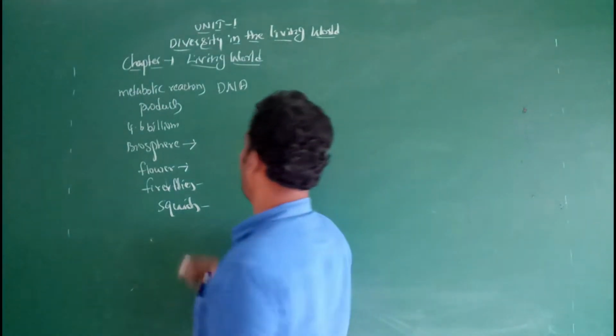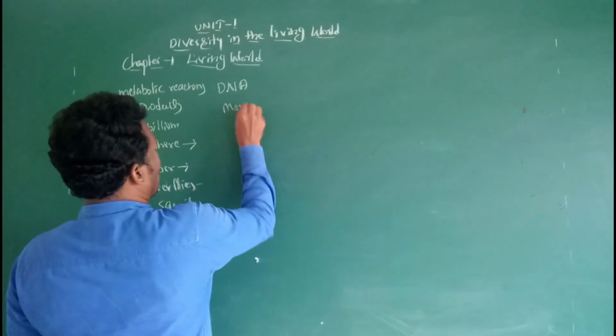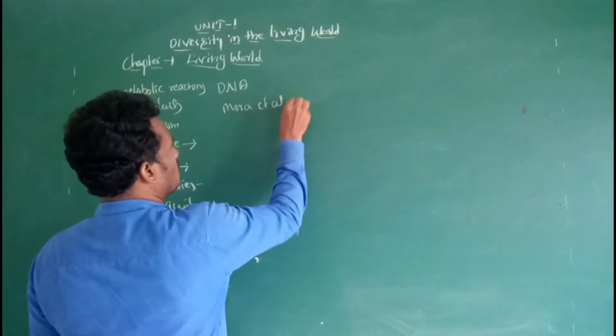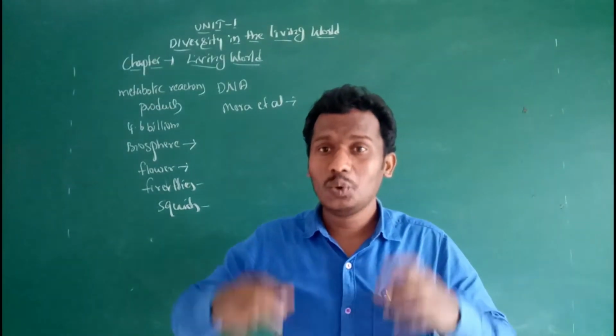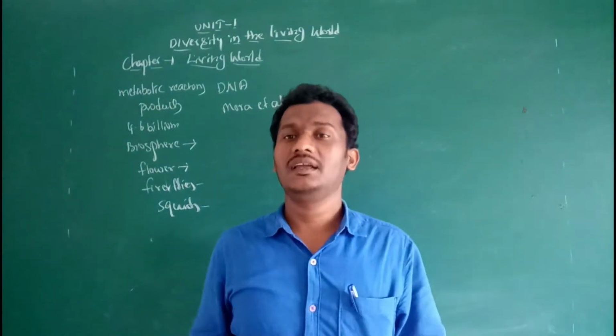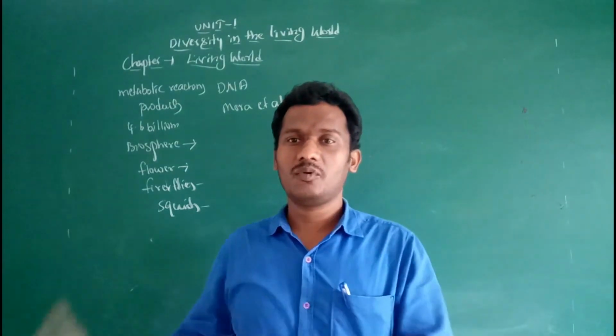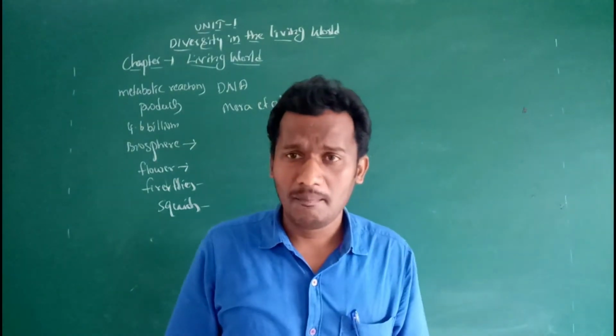Then Mora et al. Mora and his associates tried to estimate how many living species might be possible on planet Earth.